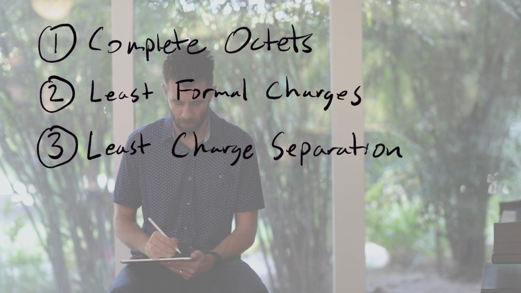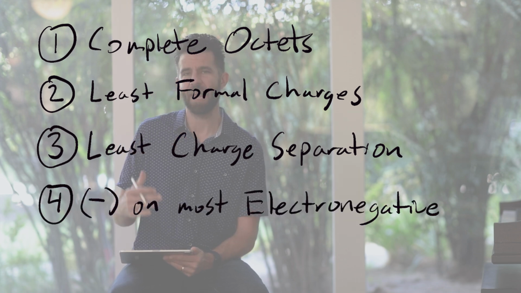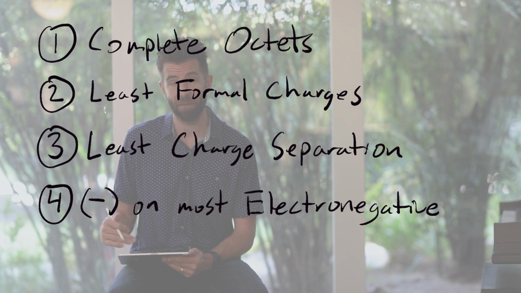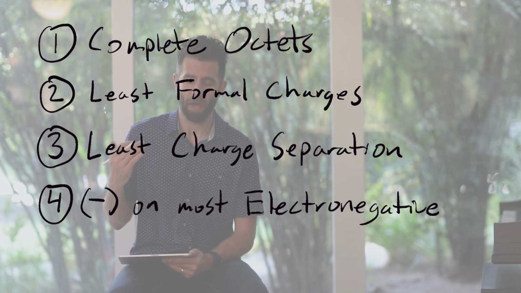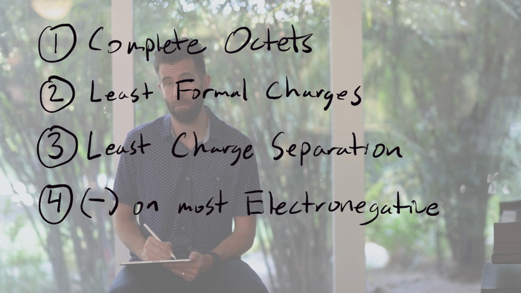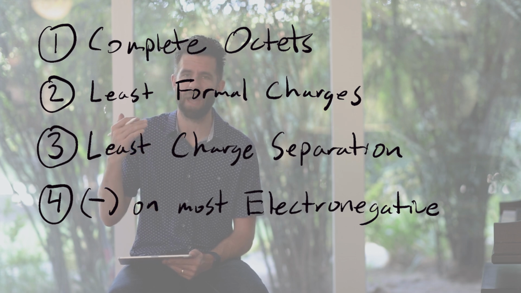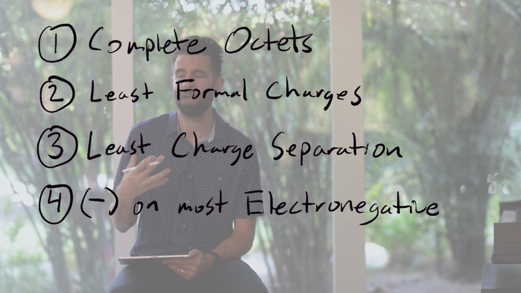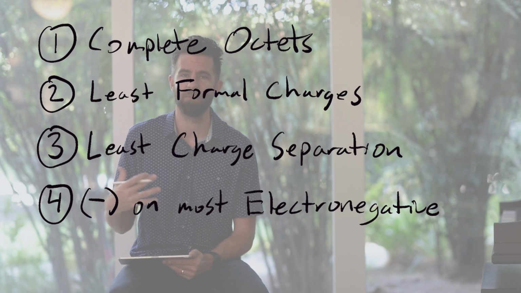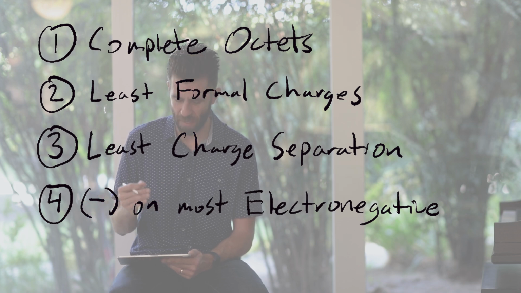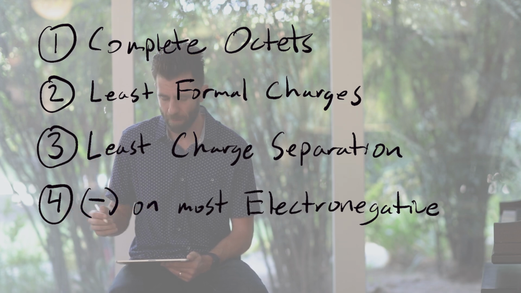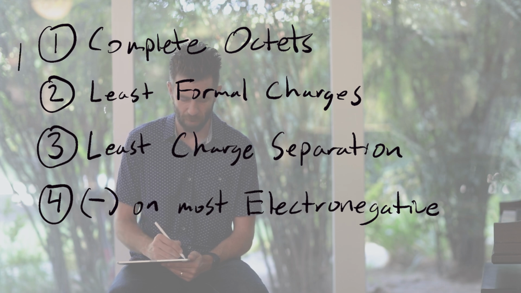And number 4, a negative charge on the most electronegative atom. I'll give a sub point to this in a minute, but if you have a formal charge at all, or electron concentration that's moving around, we want it to be on the most electronegative atom. But remember, this is after all of these others.